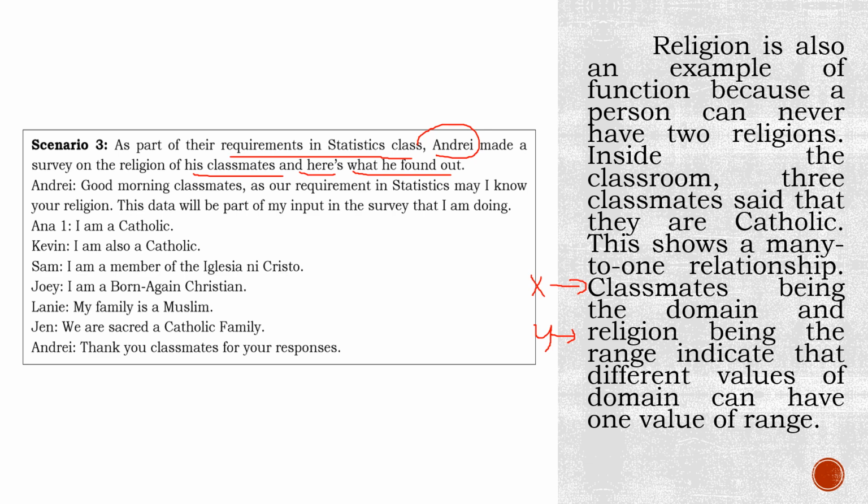Even if there is a repetition of religion that we can map to each of the students included in this survey, in this case there is no repetition in the students' names, and that is the consideration we need to deal with. Even if there is repetition in the religion, since there is no repetition in the students' names, your x and y variables, or your domain and range, represent a many-to-one relationship. Many students to one religion.